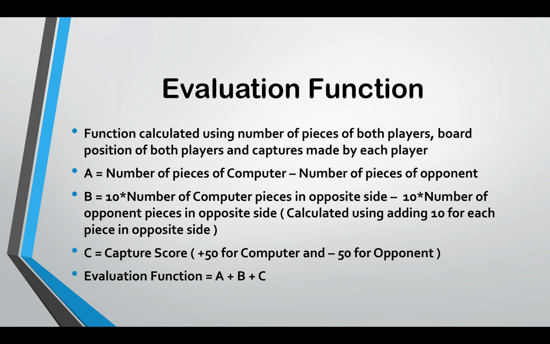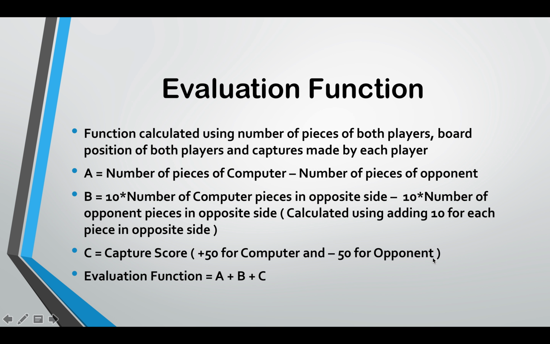The third one is the capture score. If the evaluation function is being called from a capture move, and the capture was done by the computer, we add 50 to the capture score, and if it's from the opponent, we subtract.